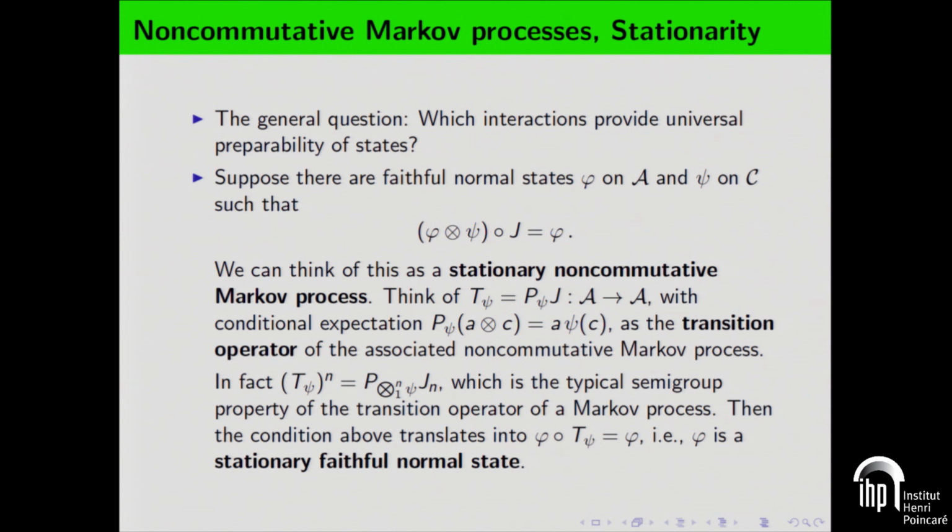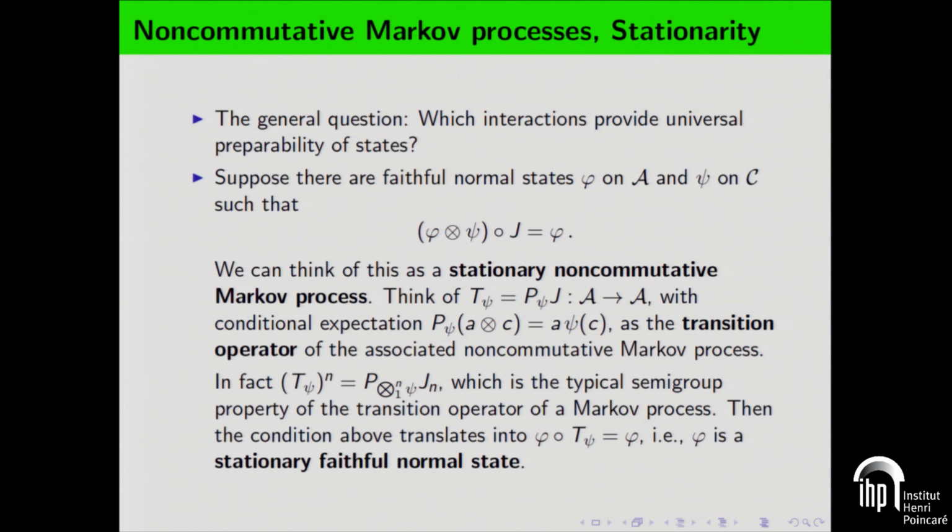We can think of this as a stationary noncommutative Markov process. The easiest way to see what's Markov here is to think of the operator T psi equal to P psi after J. So J goes from A to A tensor C, and P psi is just a conditional expectation which you get by evaluating the state psi on C. So that's a transition operator of a noncommutative Markov process.